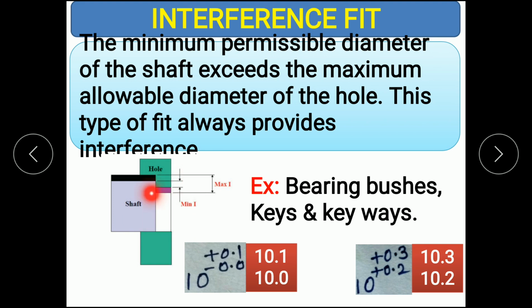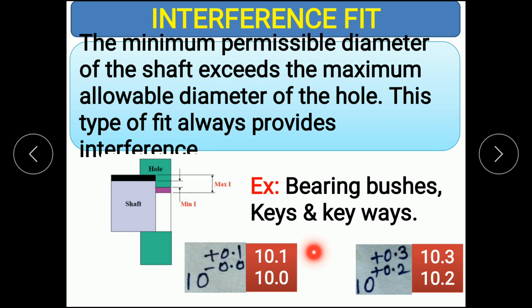Here is an example. This is the dimension of the hole and this is the dimension of the shaft. What is the minimum permissible diameter of the shaft? It is 10.2. And what is the maximum permissible diameter of the hole? It is 10.1.